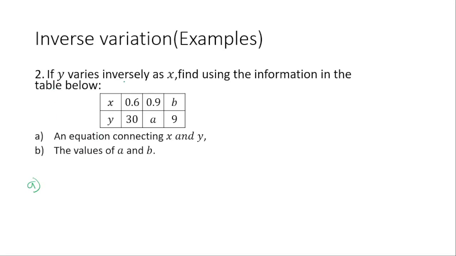If y varies inversely as x, find, using the information in the table, an equation connecting x and y, and the values of a and b. In the question, we've already been told that y varies inversely as x.